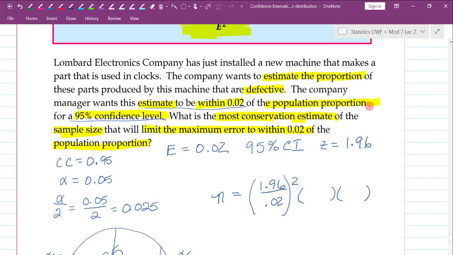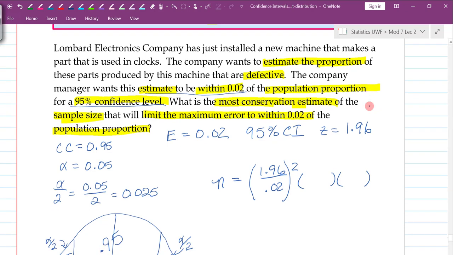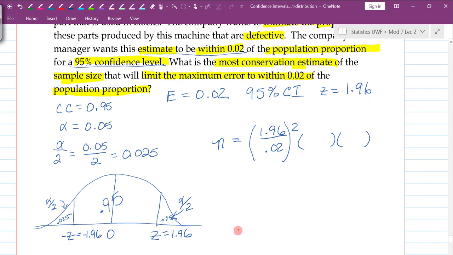So when we have no idea and nothing to start with, the worst case scenario is we let P equal 0.5, therefore Q is equal to 0.5. That is the worst case scenario. It gives us the largest sample size that will meet these requirements. Okay, so in here, because we have no prior knowledge, we're going to put 0.5, 0.5.